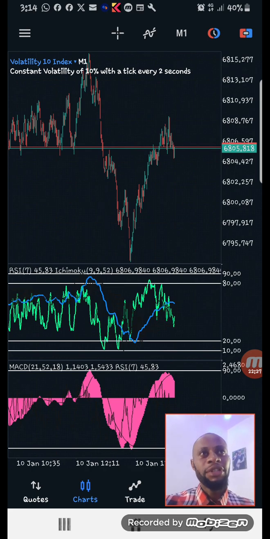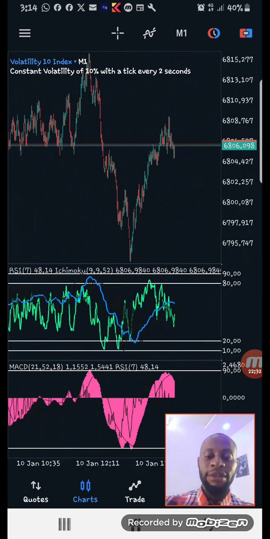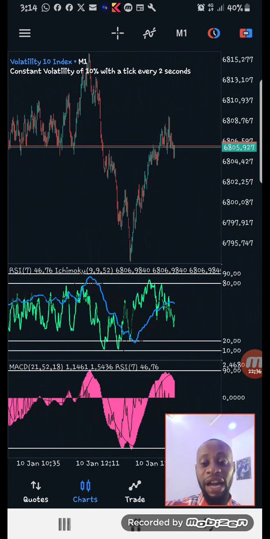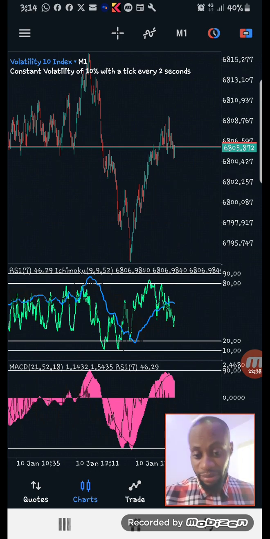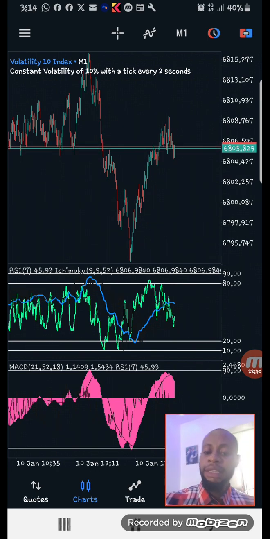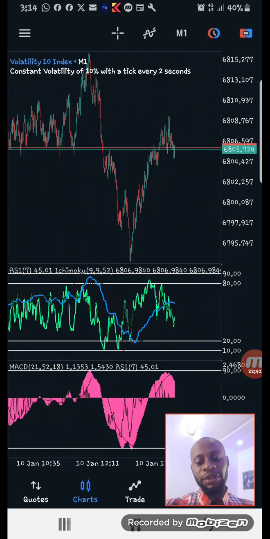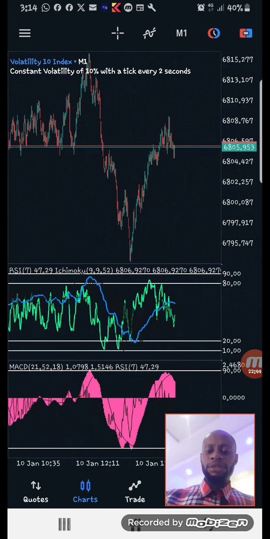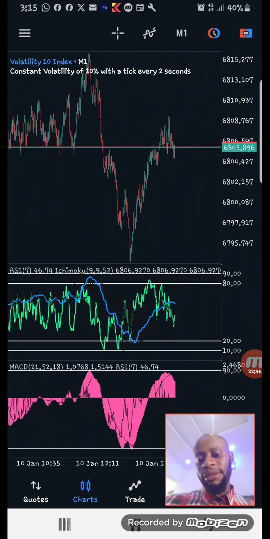Account management and risk management is key to profitable forex trading. It's very, very key. Don't say I didn't tell you.